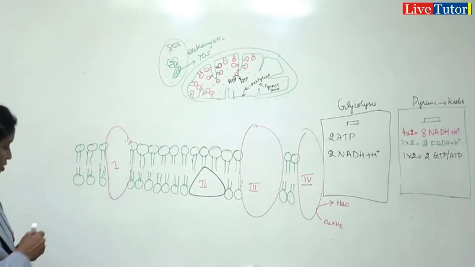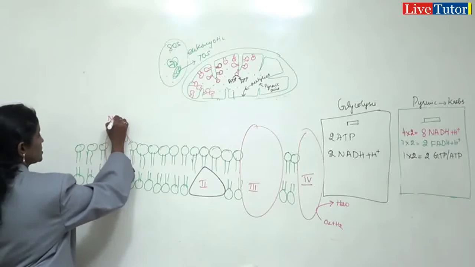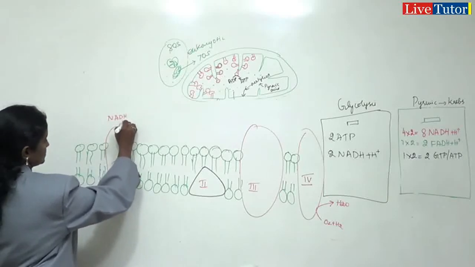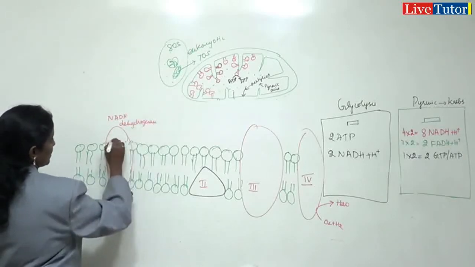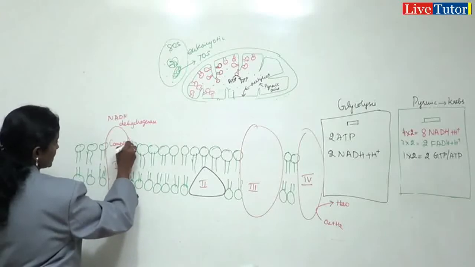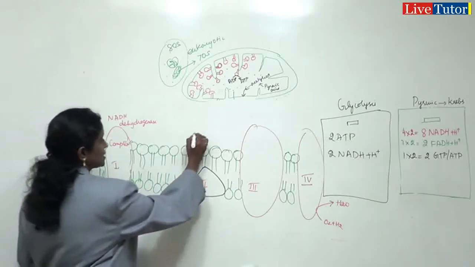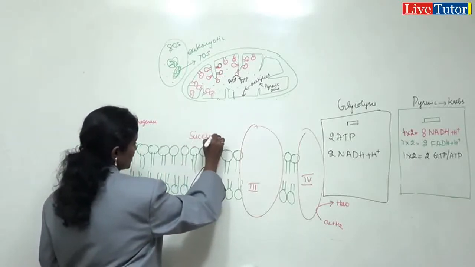So this complex 1 is NADH dehydrogenase. Complex 2 is succinate dehydrogenase.